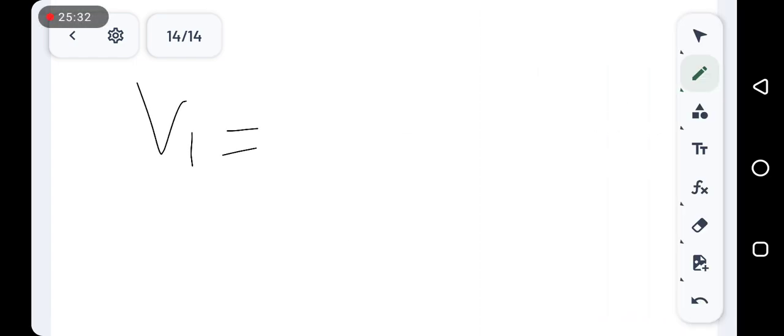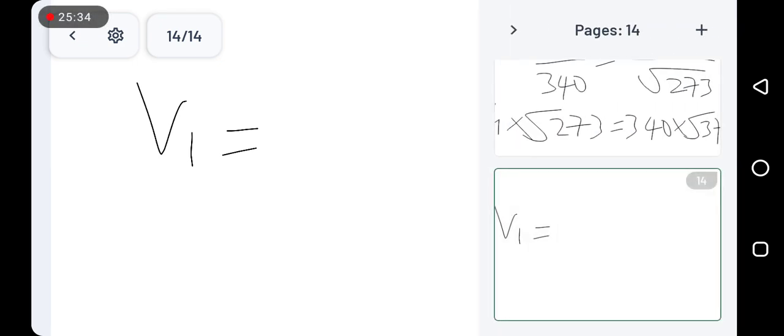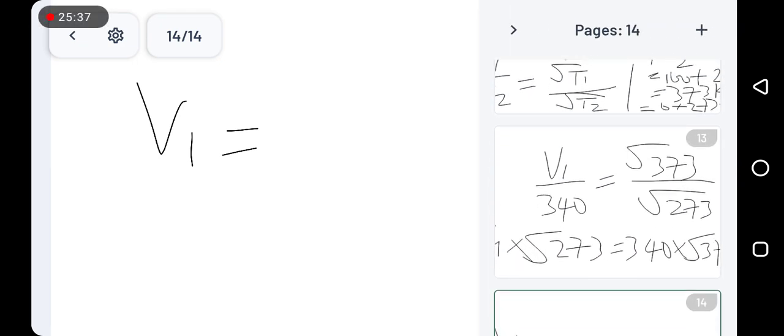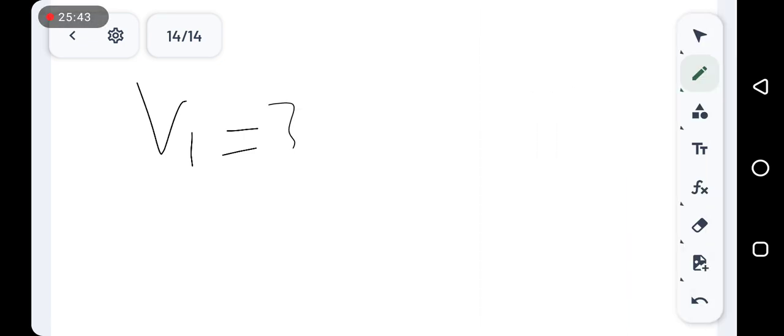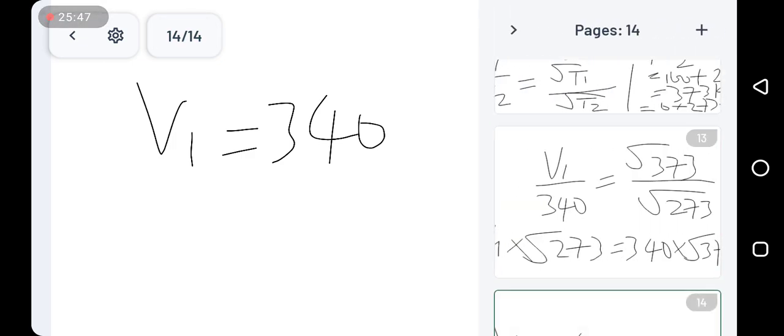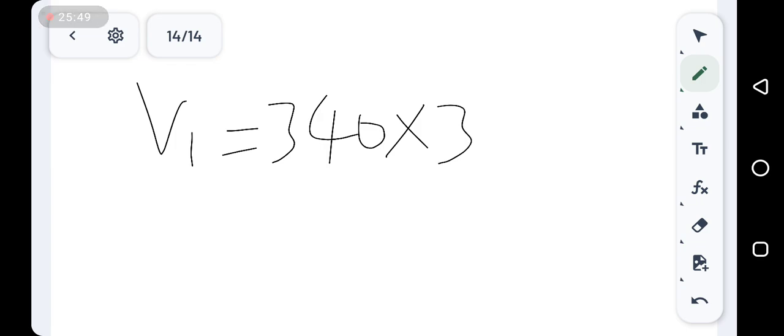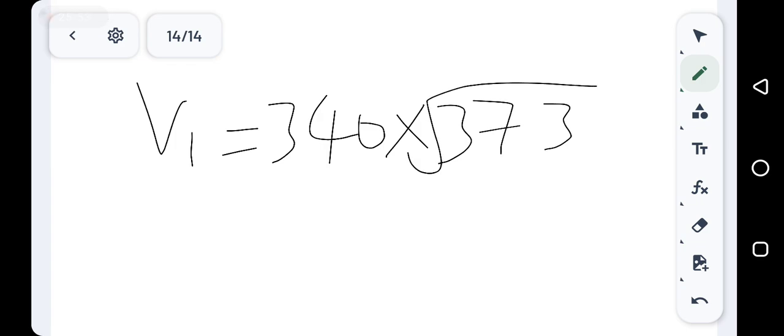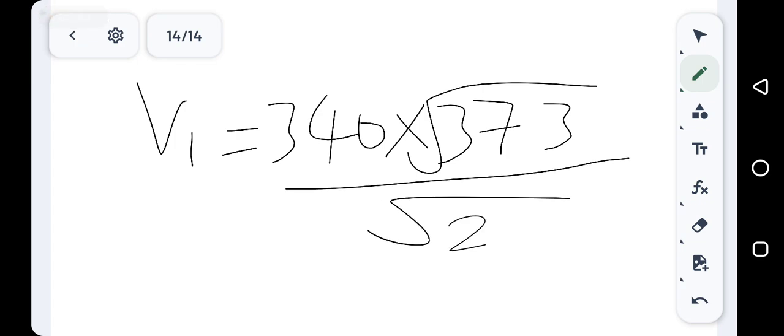Now, if we solve, we have that V1 is equal to 340 multiplied by root 373 over root 273.